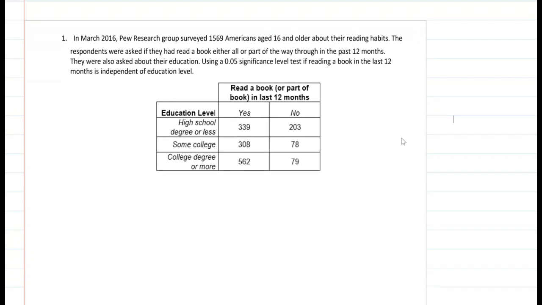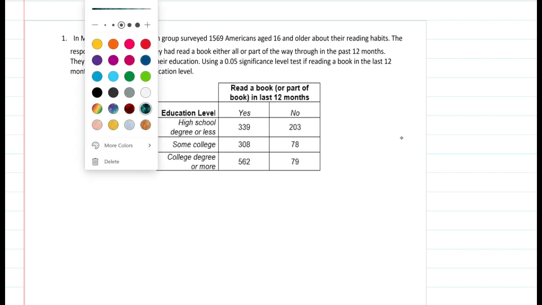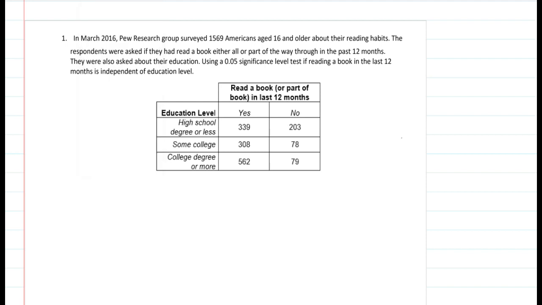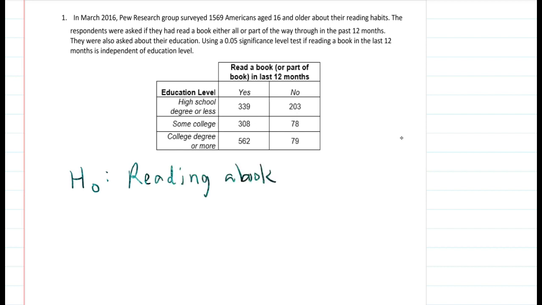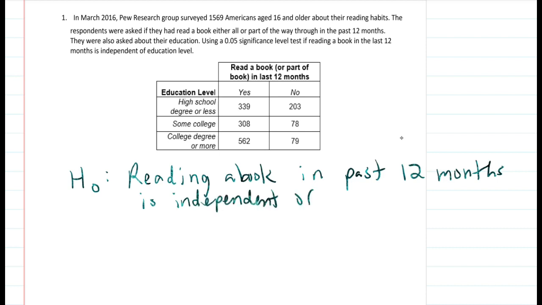Looking at this, we're given this table. The first thing we want to do is identify our null and alternative hypotheses. H naught, the null hypothesis, would be that reading a book in the past 12 months is independent of education level.